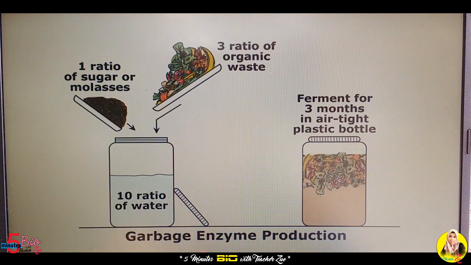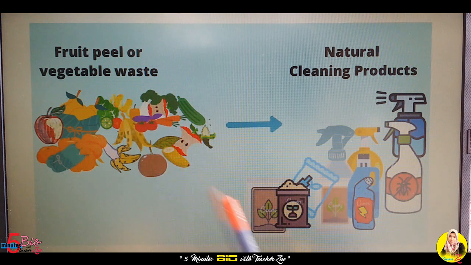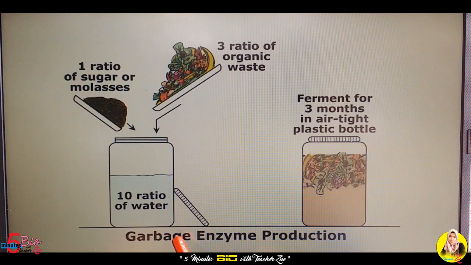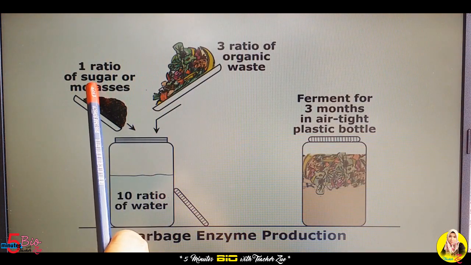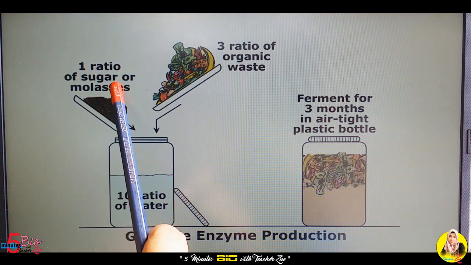How do we produce the enzyme? Here we call it garbage enzyme production. It is not really garbage, but because we use fruit peels or vegetable waste, we use the word garbage here. One ratio of sugar or molasses; we use brown sugar.